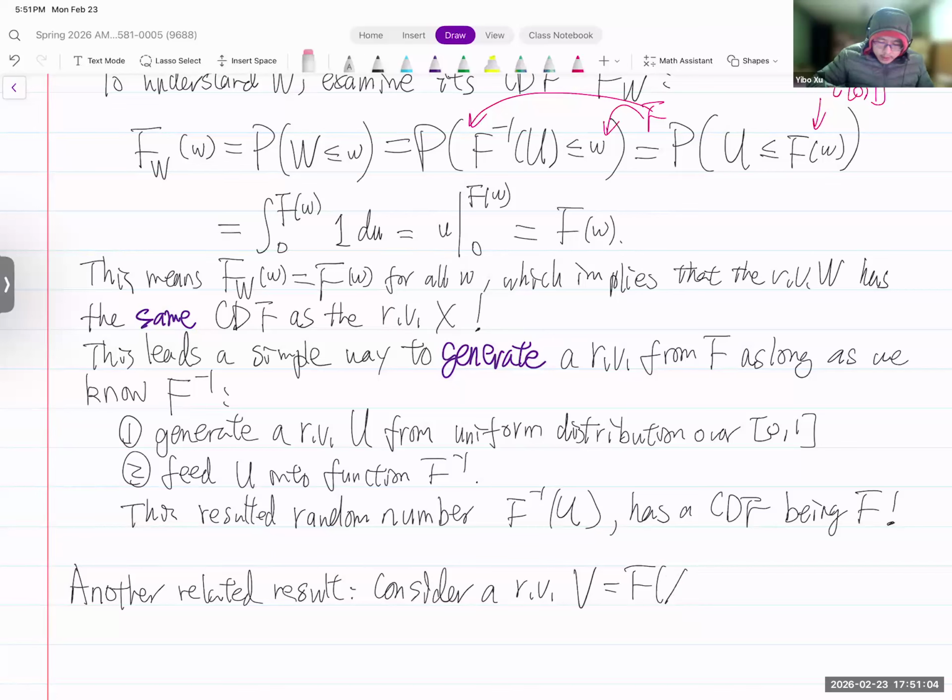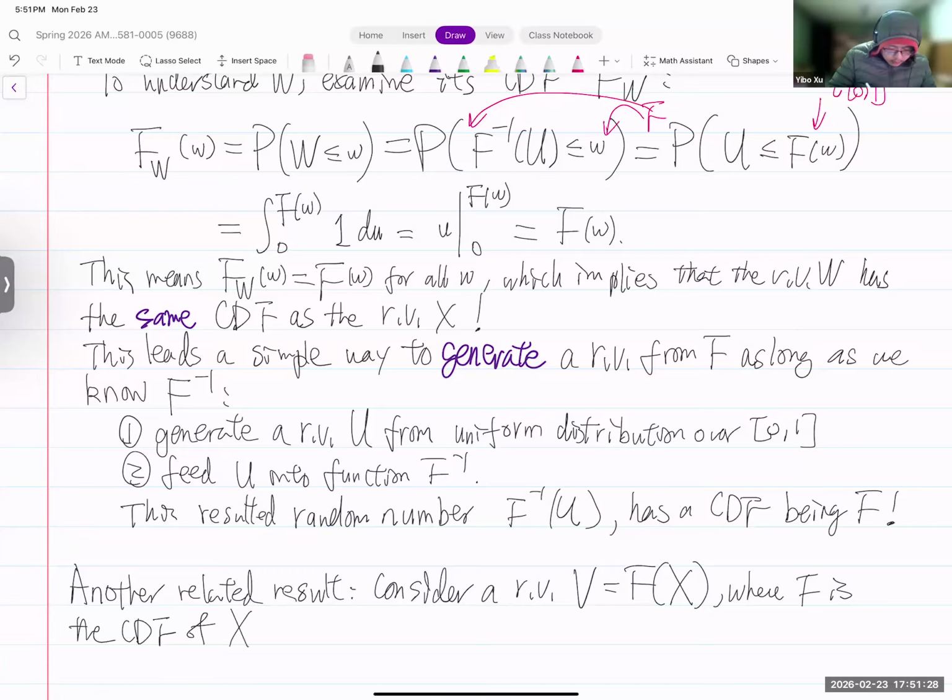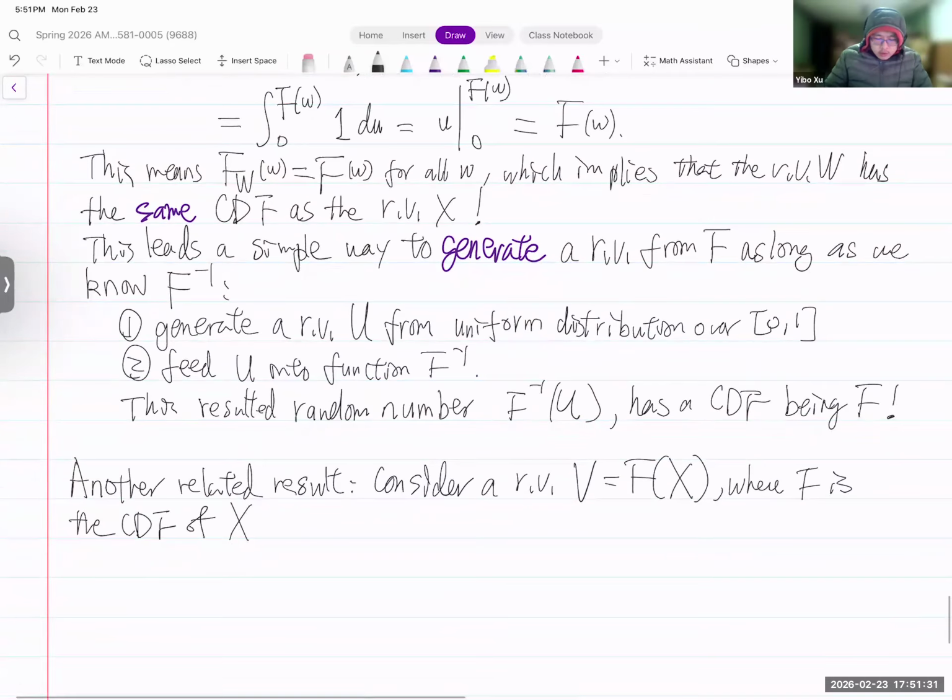We have random variable X from before, but we plug it into the CDF, cap F, where F is the CDF of cap X. So you compose your random variable cap X into your CDF function.